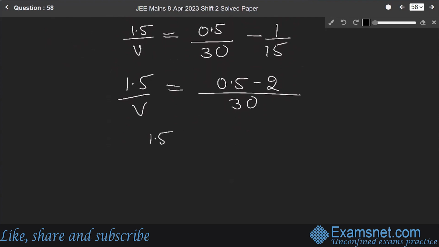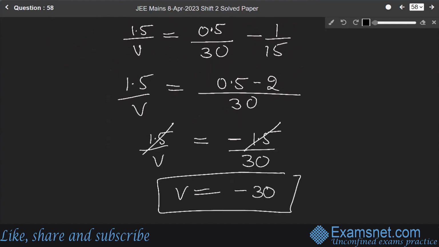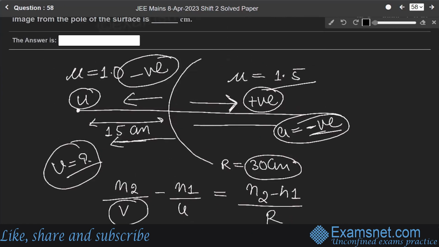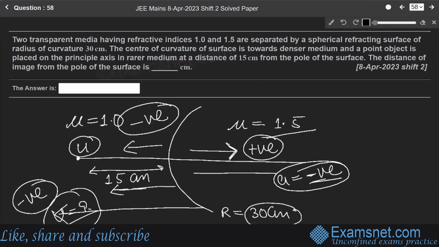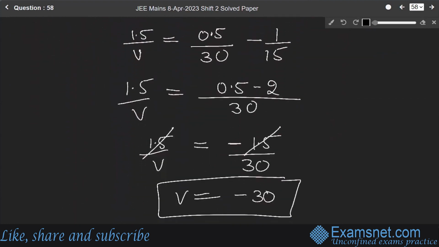So 1.5 over V will be equal to minus 1.5 over 30. So V will be equal to 1.5, 1.5 cancels out each other, minus 30. Since V is negative, the image will be formed on the left hand side of the surface of the curvature. Got it?